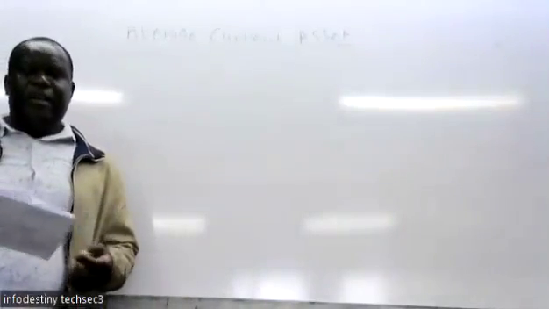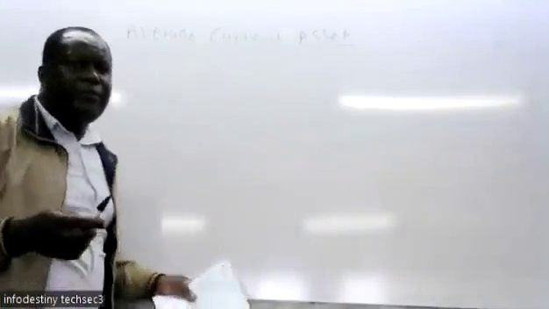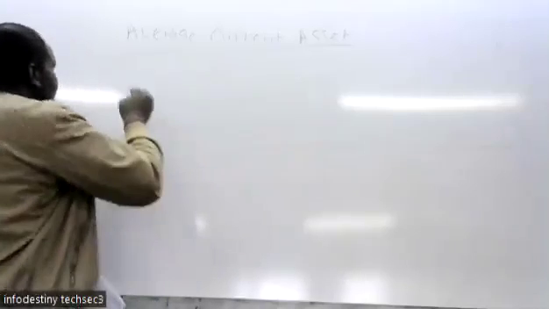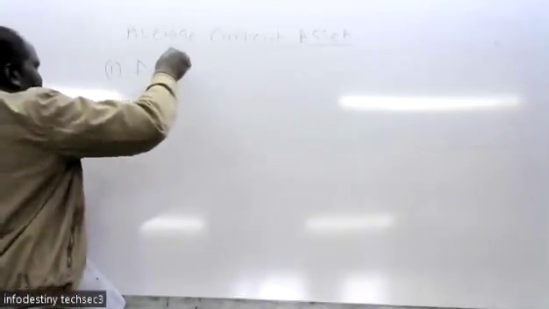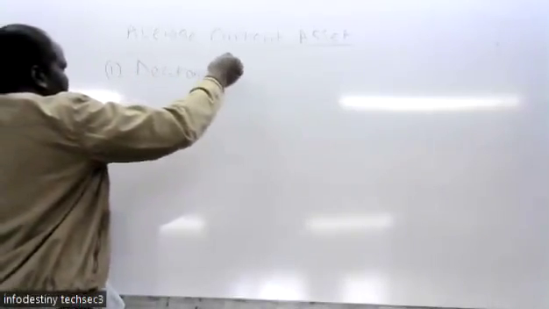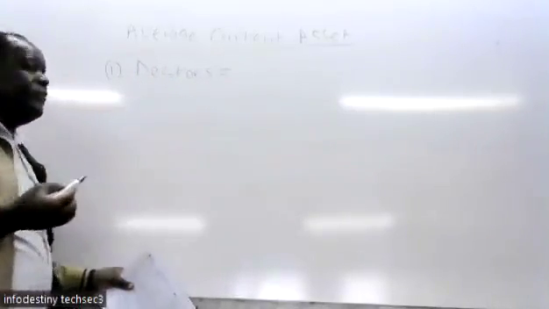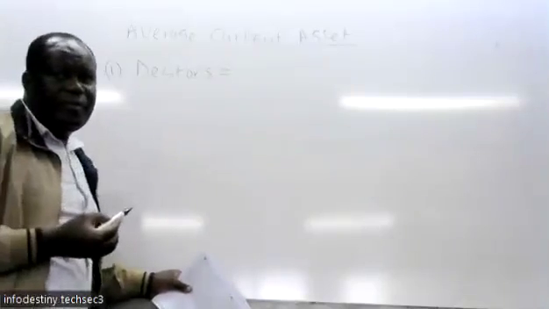So for the average current assets, which item is the first one? The first one should be the debtors, or accounts receivable.